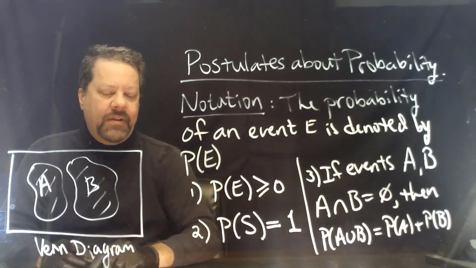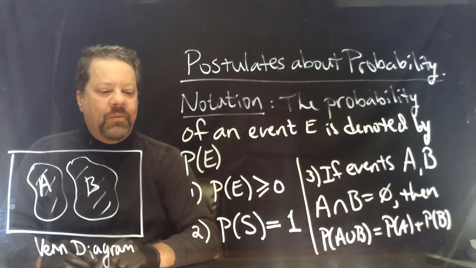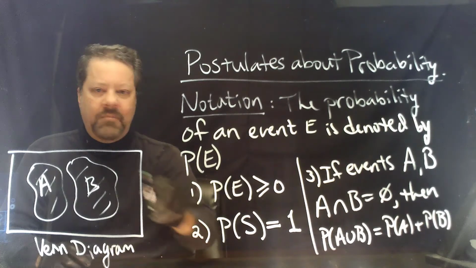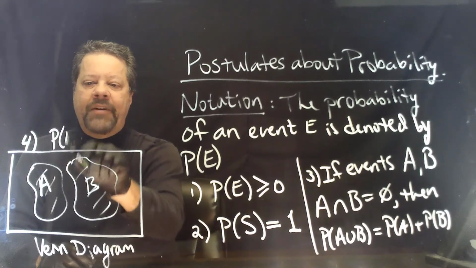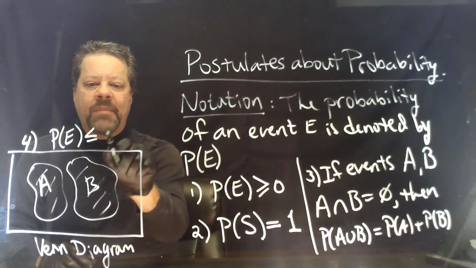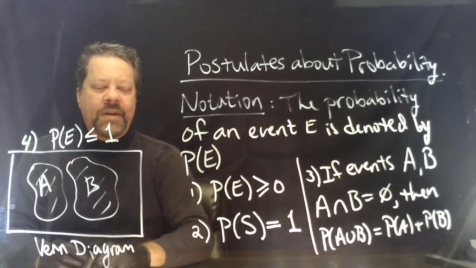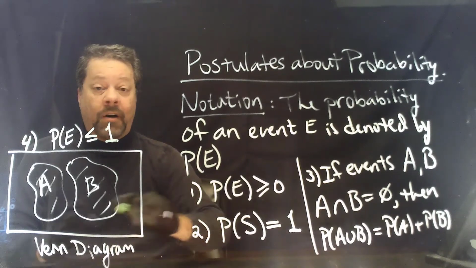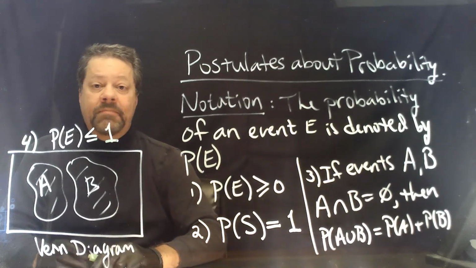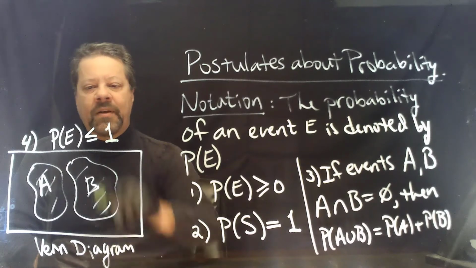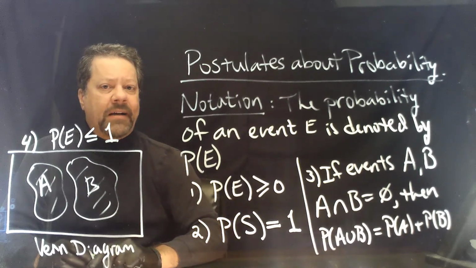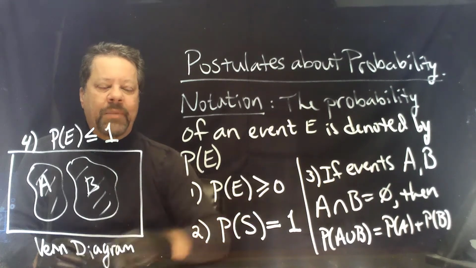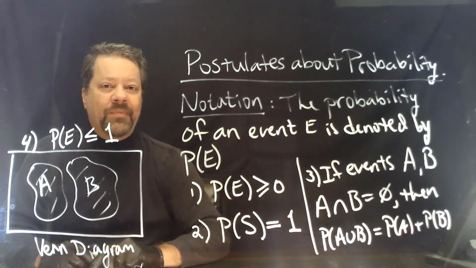A fourth idea that's kind of embedded in what we're saying here, property 4, if you will, is that the probability of an event can't be bigger than 1. The reason being is that the probability of all possible events is 1. So any other subset of S can't give you a probability higher than 1, but it can't give you a probability lower than 0.